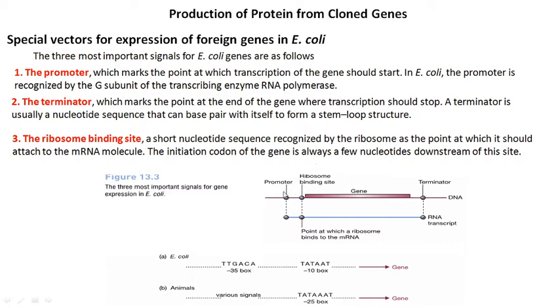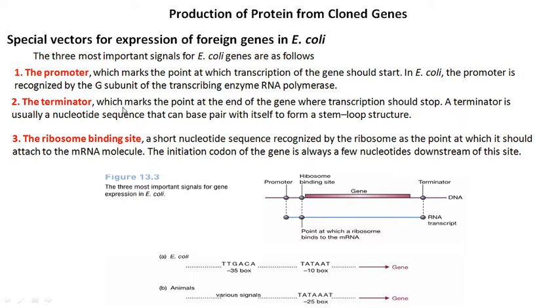Here I have shown you the promoter region. So your gene of interest should always be cloned between the promoter region and the terminator region. Here you can see this gene of interest is cloned between this promoter region and terminator region.